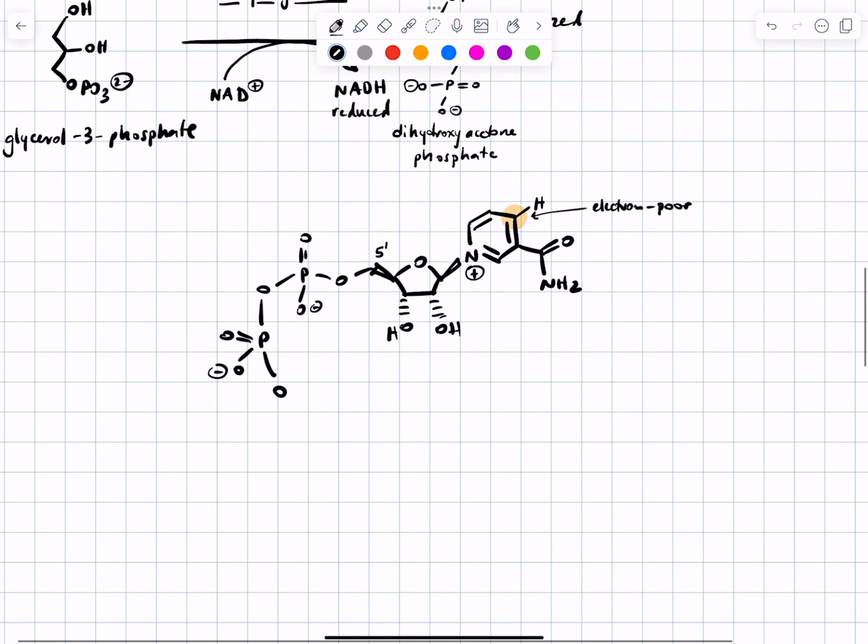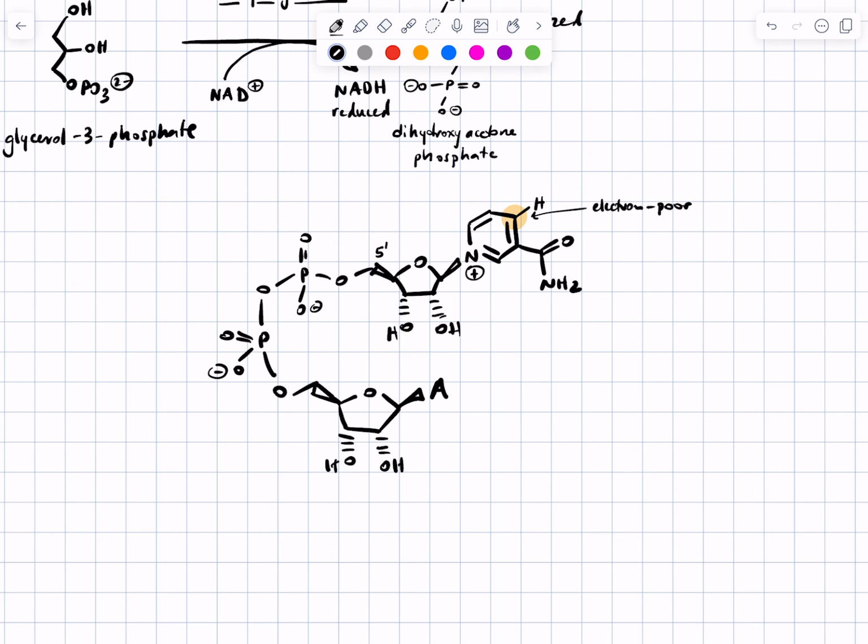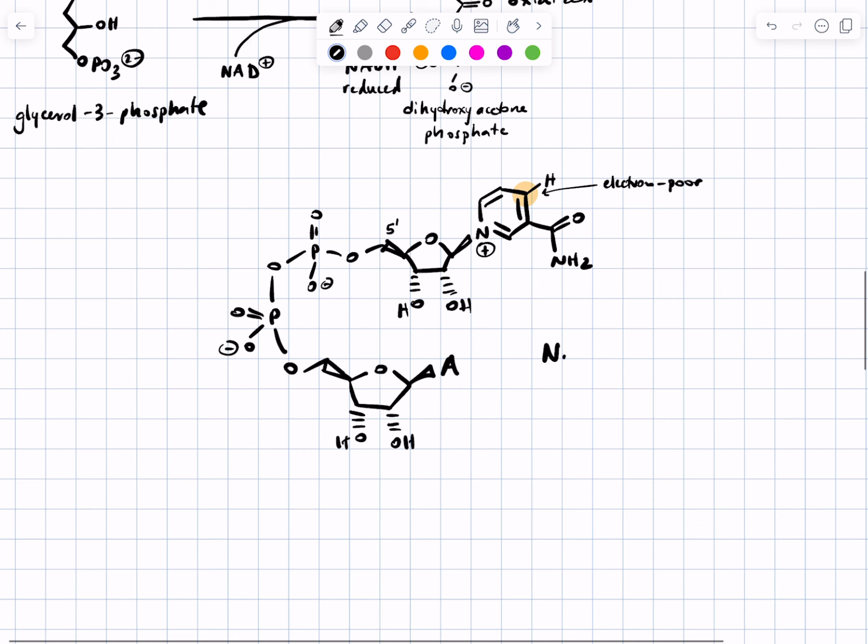And then the second phosphate is itself bonded to another 5' hydroxyl group of another ribose unit. And then this is the adenine base, which I will just abbreviate with A. So this is NAD+, and that stands for nicotinamide.